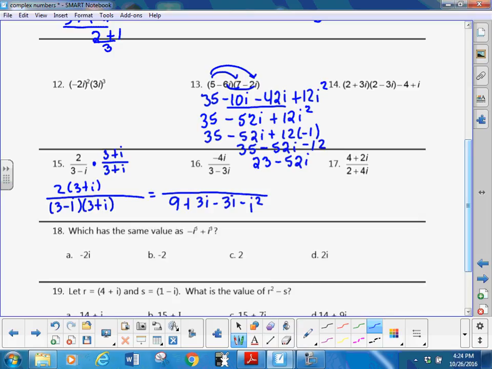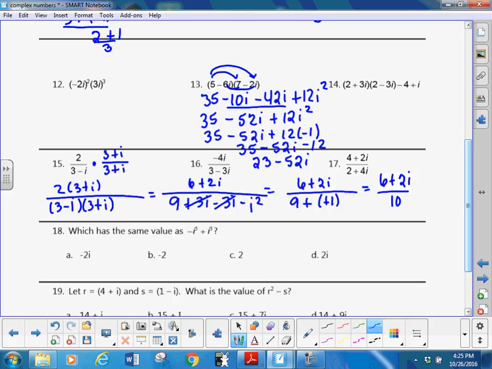In the numerator, I have 6 plus 2i. So these will cancel out, and I'll have 9 minus negative 1 for my i squared. I have 10 in the denominator and 6 plus 2i in the numerator.